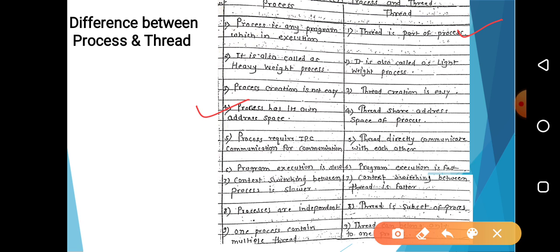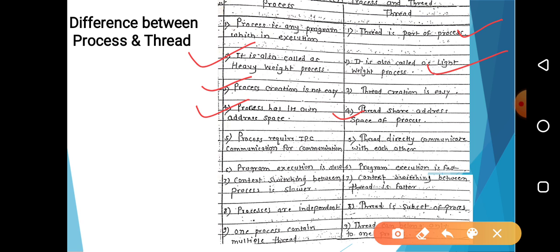If MS Word is loaded in memory for execution, it has its own address space. But a thread such as font changing will share the address space of the process. Process is called a heavyweight process and thread is called a lightweight process.